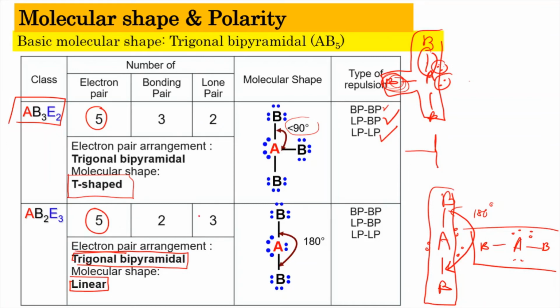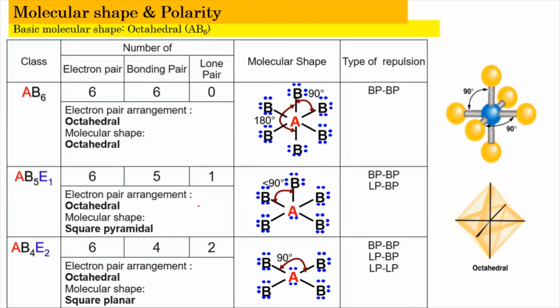Okay, now we're going to look into the last basic molecular shape, which is the octahedral AB6. So for the structure of AB6, the best way that we can arrange them is to put 4 of them in a paper, dalam satu permukaan ataupun dalam satu kertas yang sama, and then on top of the paper we're going to have the bonding pair, and below the paper we're going to have another atom.